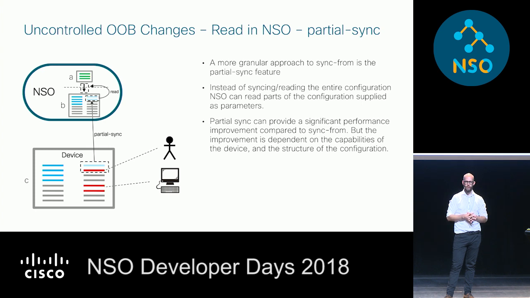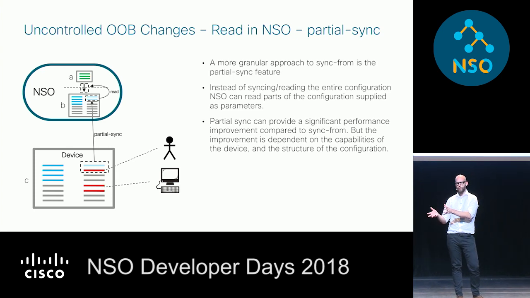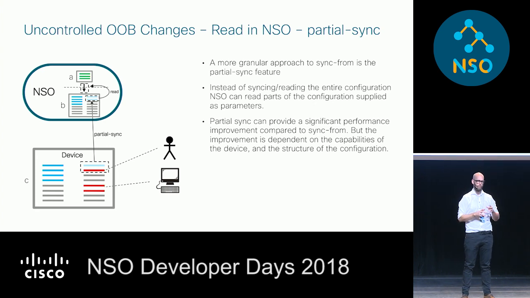Some CLI devices, you can do a show running config and get a certain part of the config, but some don't. Some you are limited to getting very big chunks of the config, and then we will still sync only the part that you specified, but it will be inefficient behavior. So you will get the same performance penalty as you do with sync from.